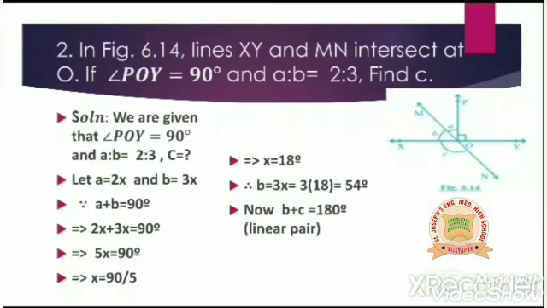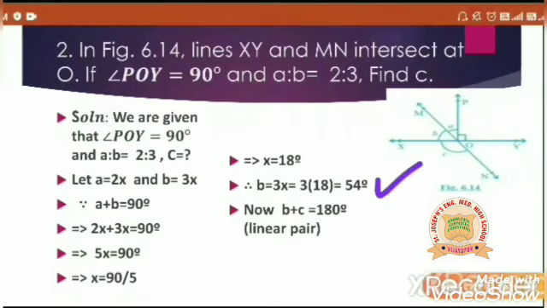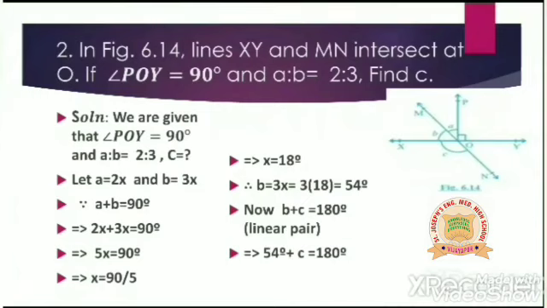In place of angle B we write this value, 54 degrees. In place of C we keep it as it is, since we don't know it. So 54 plus C is equal to 180 degrees.